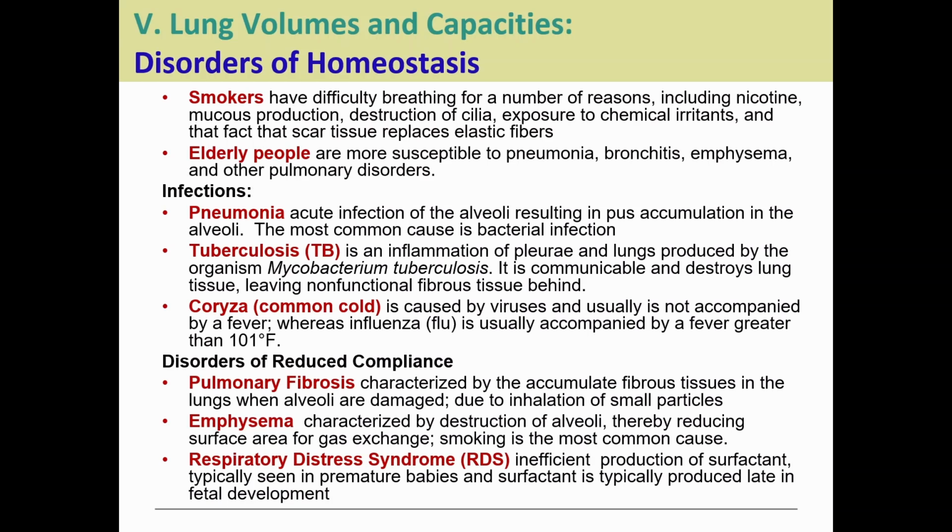Some of the really important things you need for the production of surfactant develop very late in a pregnancy. And so if a baby is born premature, they may not have been able to go through that process of developing those cells, developing the ability to make surfactant just yet.